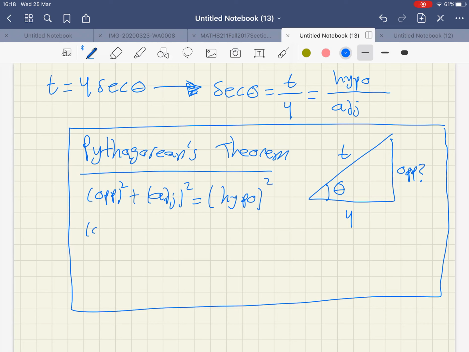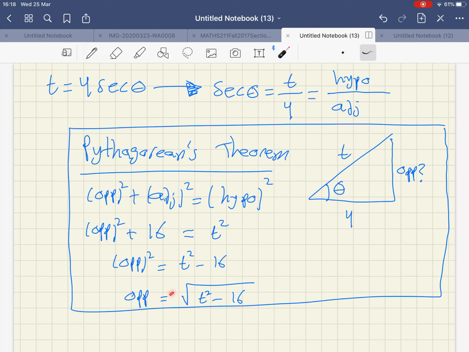The opposite, which is something we are looking to find, adjacent, which is 4, so it will be 4 squared, 16. Hypotenuse is just t squared. If we take the 16 to the other side, it will be t squared minus 16, and so the opposite will be just the square root of t squared minus 16. It should be a plus, not a minus. Usually we write a plus minus here, but because we are talking about a length, it should be just a plus one.